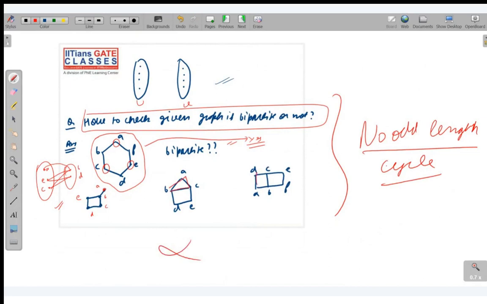If there is no odd length cycle anywhere, it is bipartite. This is a GATE question they have asked many times. So a graph is bipartite if and only if it has no odd length cycle, both ways.